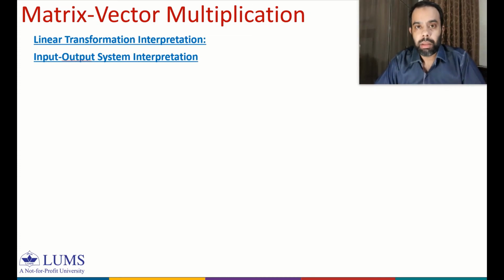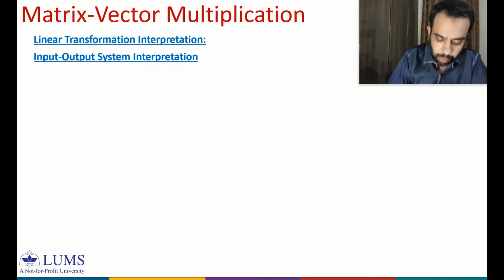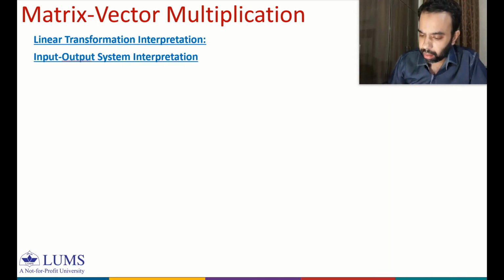We can see this matrix vector product as a linear transformation, or we can interpret it as an input-output system. So how do we define this matrix vector product?